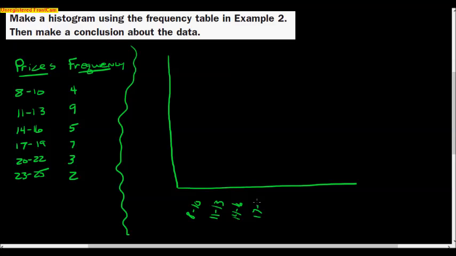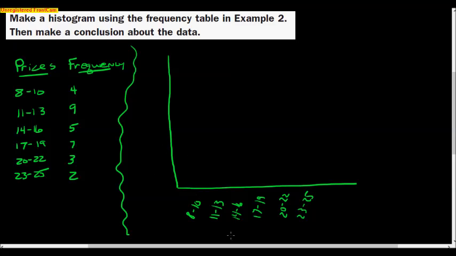And 17 to 19 goes there. And the next interval is 20 to 22. And we have 23 to 25. Okay. So there's my intervals, and of course I'd have a piece of graph paper or something with lines on it. So I'd have these blocks so I could line these up, right in between the blocks so that when I go to make my bars, I can just use the bars on the graph paper.